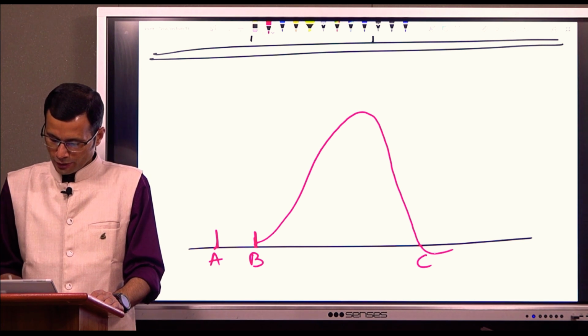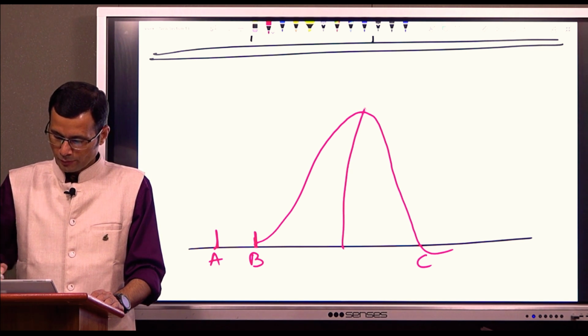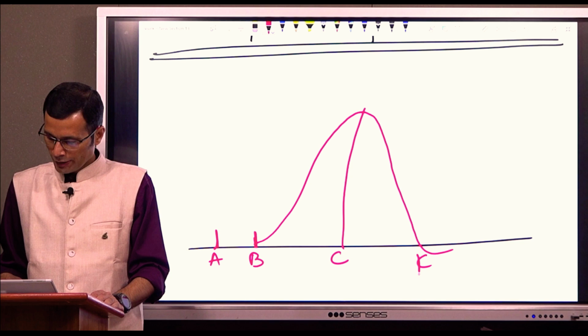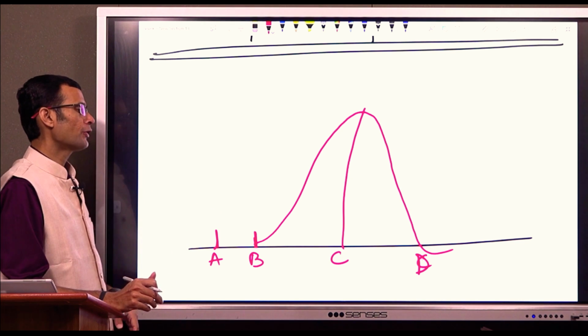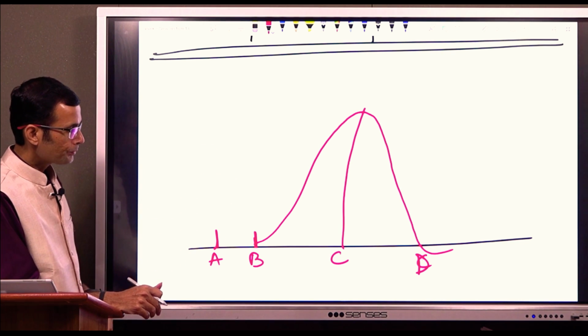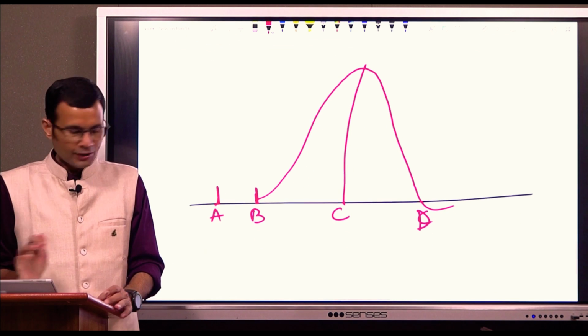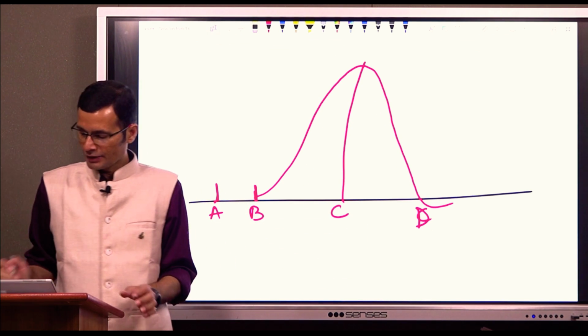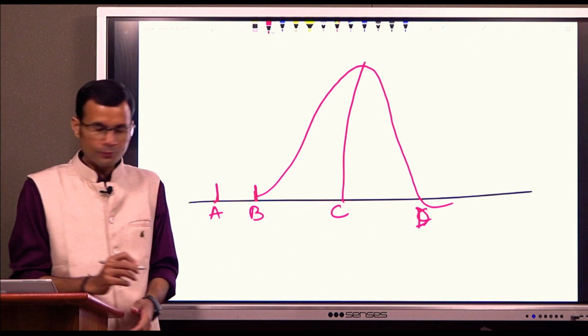Therefore, this is the event of single muscle contraction and relaxation. BC is the contraction period, CD is the relaxation period, the writing lever coming down.